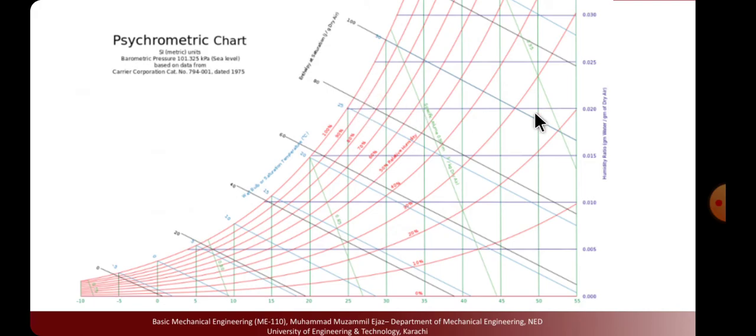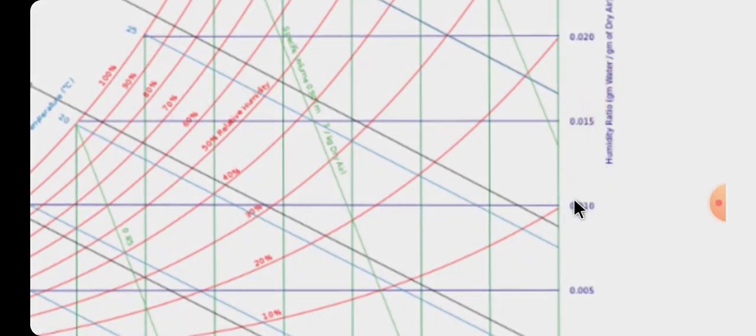Okay, and the most important part is specific humidity, or absolute humidity in some terminologies, that is gram of water by gram of dry air. That I already explained in the live session. You can also watch that video, but again I am revising this terminology.